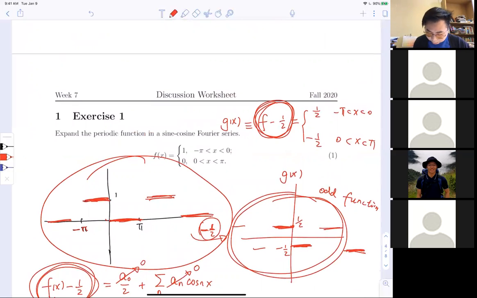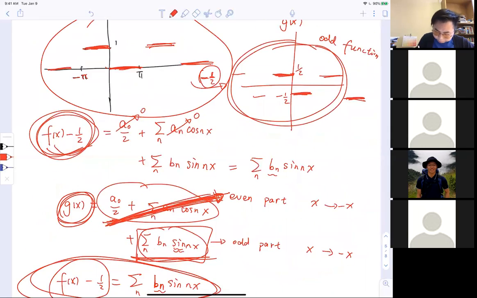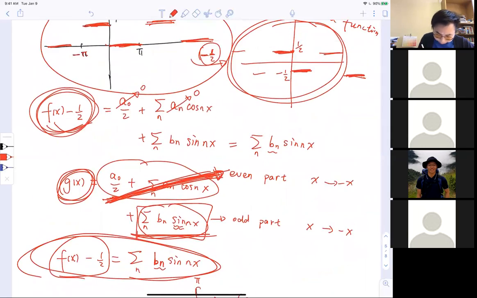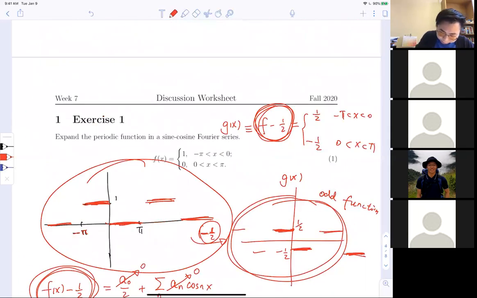Thanks. Sure. Of course, you can approach this problem mindlessly. You can write down f(x) equal to a_0 plus sum a_n cos nx plus sum b_n sine nx.